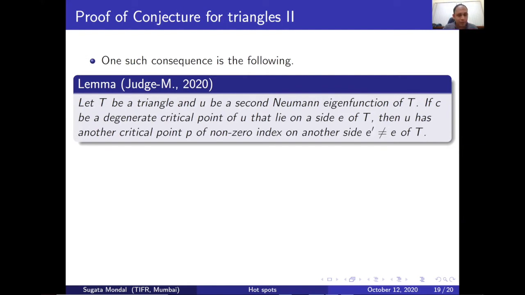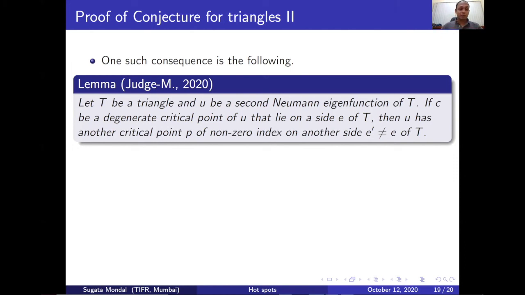Now, a very interesting thing that made us hopeful that this approach might work is this nice result that says that you might have a degenerate critical point at some particular time t, but if you do have something like that, then there's another side of the triangle that has a critical point that is not going to be unstable.